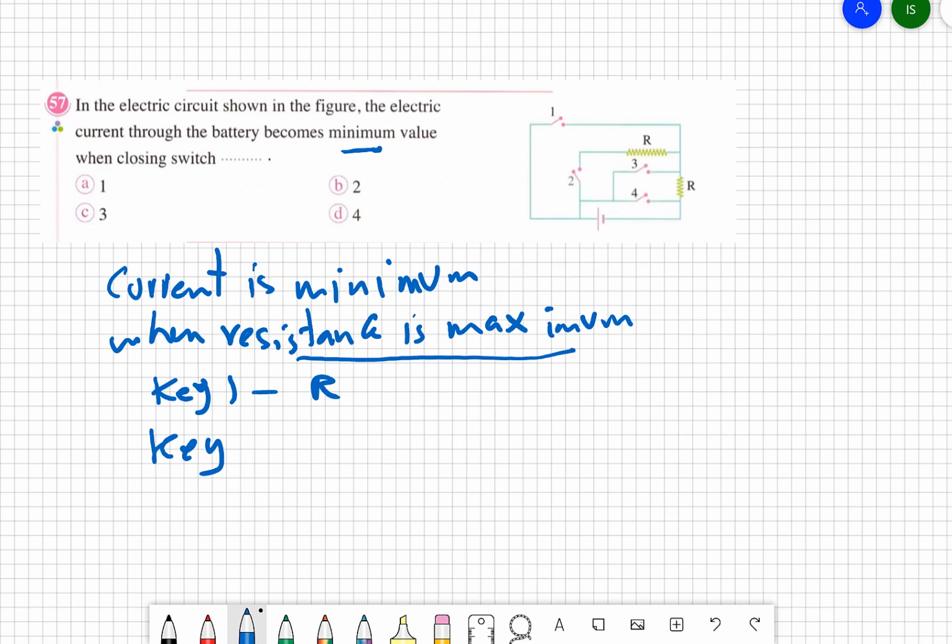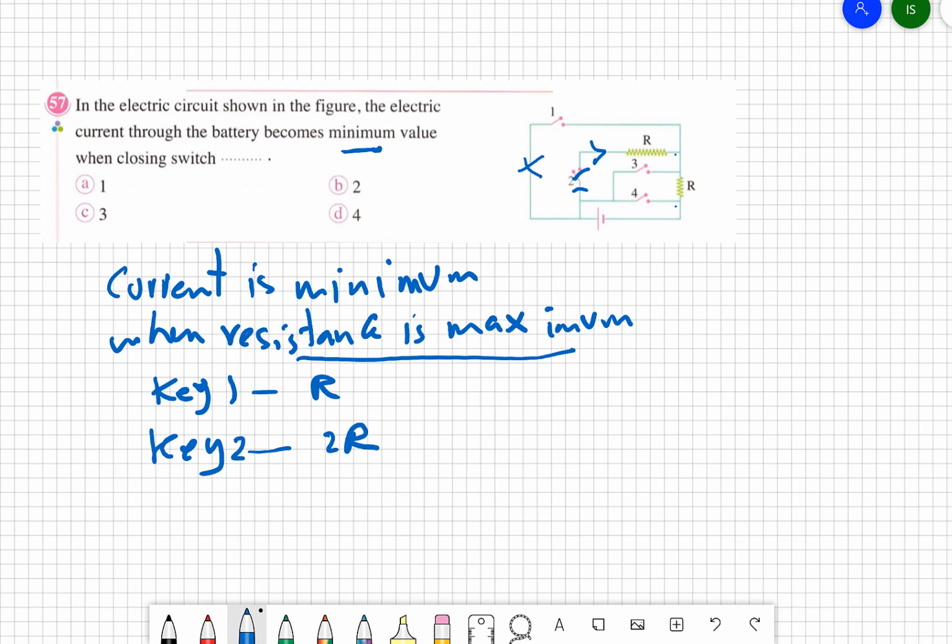Key 2 is here. So the current will not move in this direction, it will move directly through this and return back. The resistances here are connected in series, so the total resistance equals 2R for key 2.